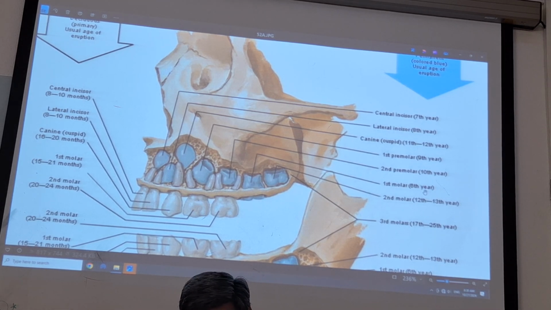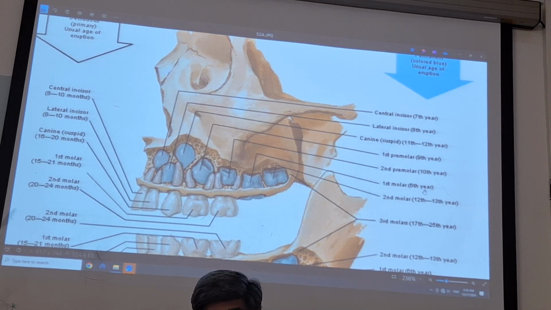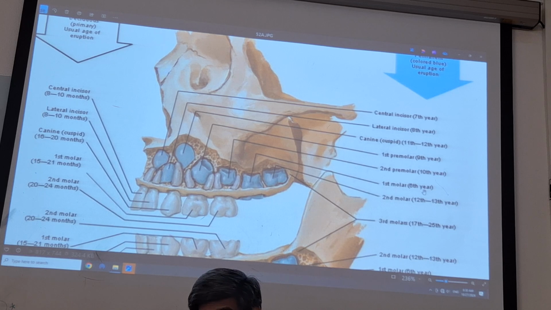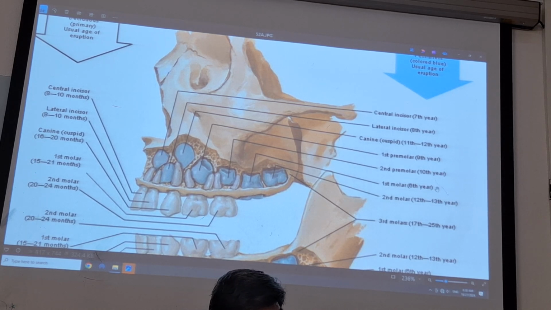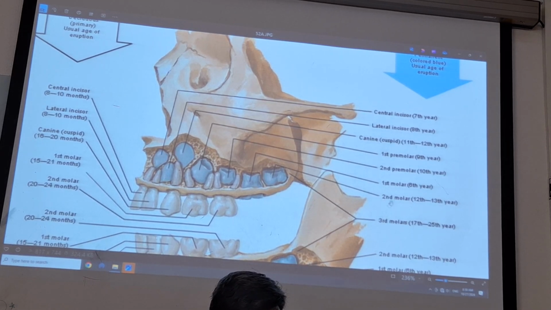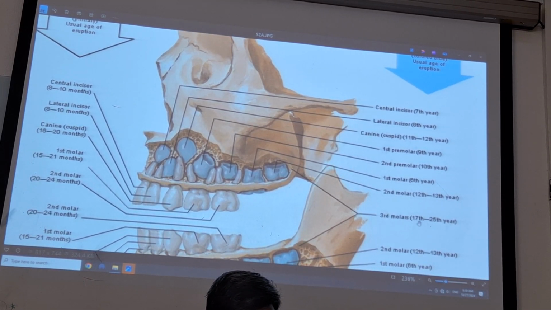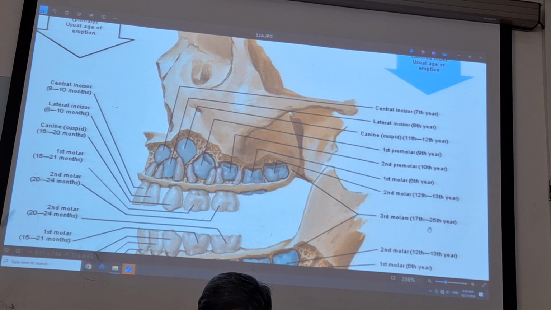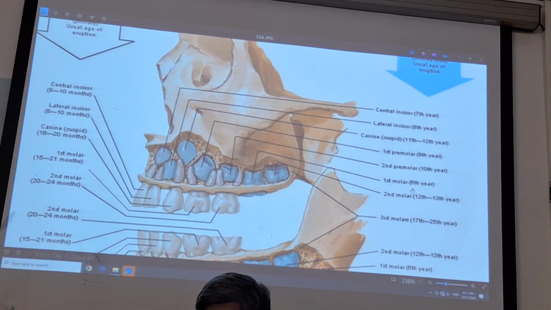Very important final question: which permanent tooth erupts soonest? The second molar erupts at about 12 years, the first premolar at 9 to 10 years, and the third molar at 17 to 25 years, but the soonest is the first molar, at 6 years.